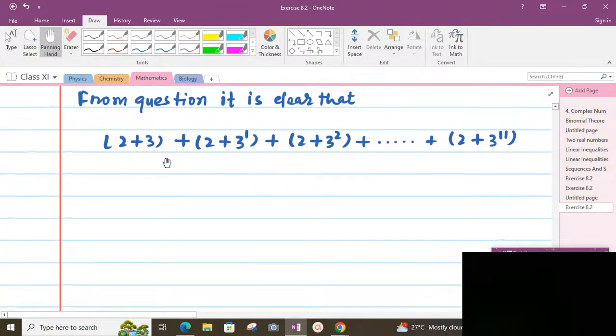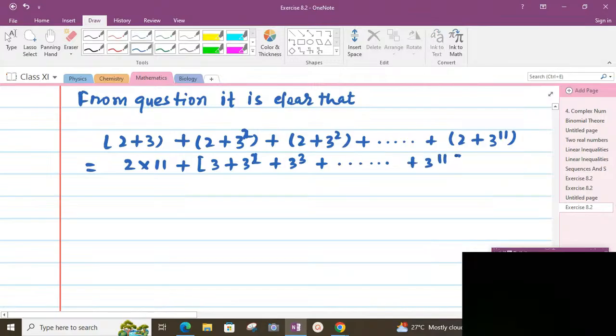Since 2 is there 11 times, it means that here it will be 2 into 11 plus 3, then 3 to the power 2, plus 3 to the power 3, plus and so on, up to 3 to the power 11.